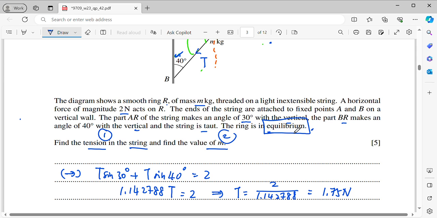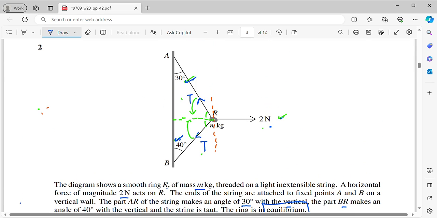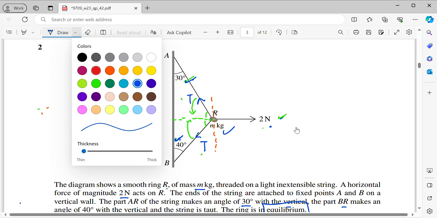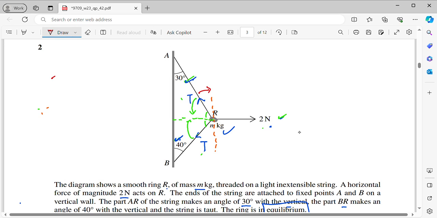Okay, so now to get the m here, I will resolve the T vertically. When I resolve vertically, you see here, this is 30 degrees, 40 degrees. That means according to the angle properties, this is also 40 degrees. Here is also 40 degrees. Then the same goes to this part.